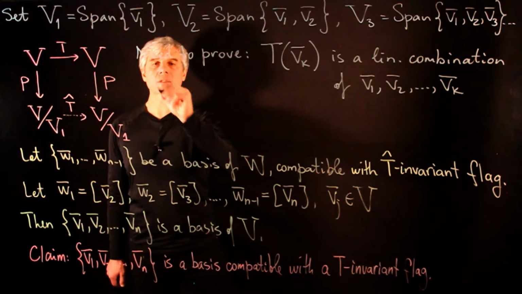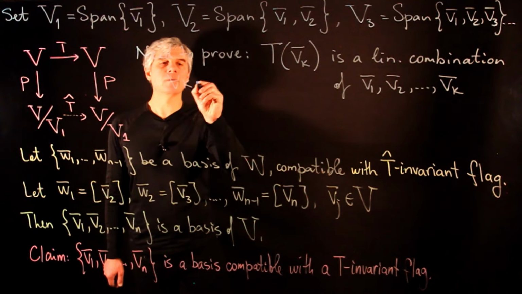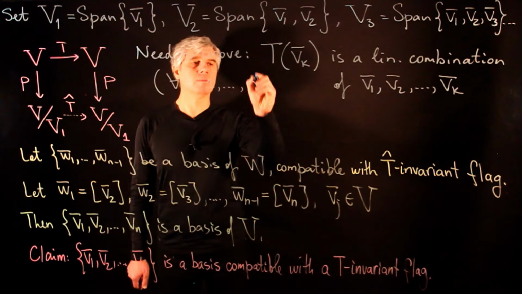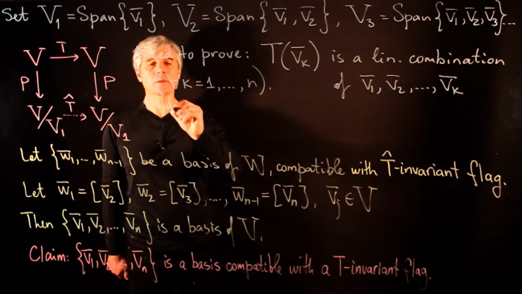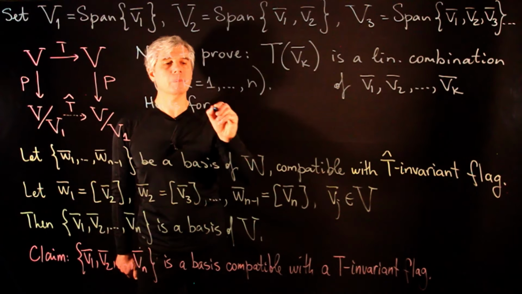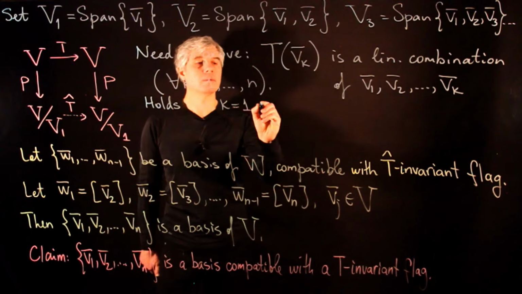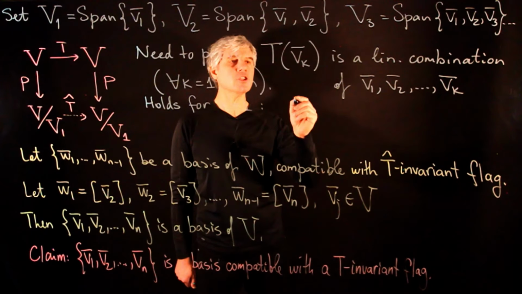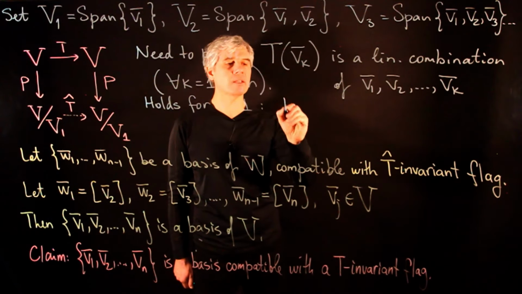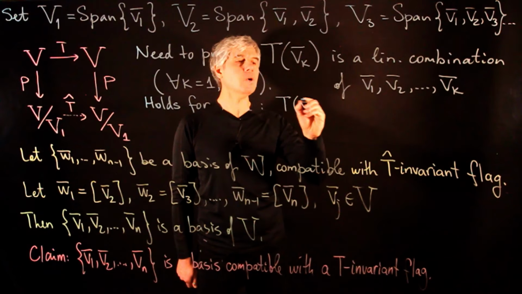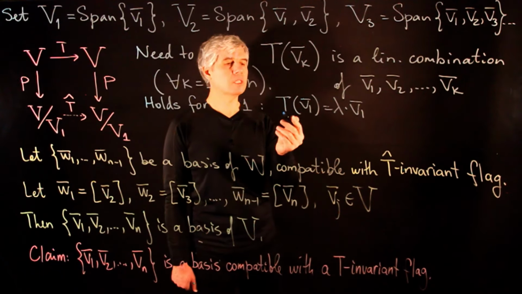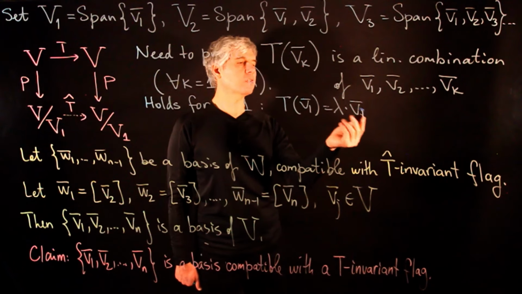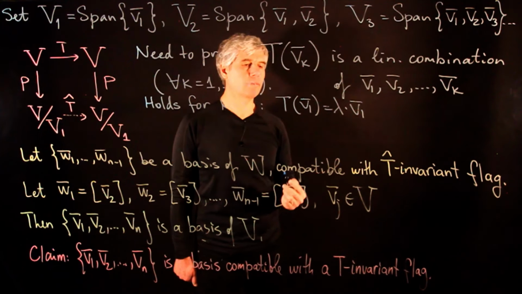And this needs to be true for every k from 1 to n. We know that this holds for k equals 1, because by our construction, V1 was an eigenvector. The T of V1 was lambda times V1. And thus, T of V1 is a linear combination of V1.